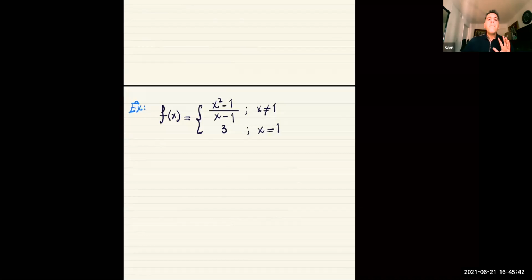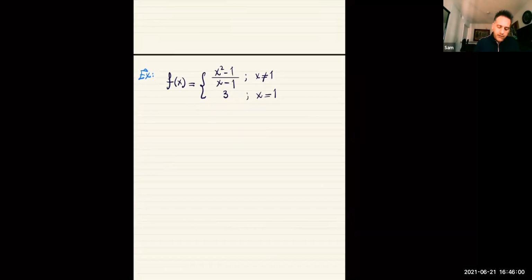Now before I proceed with graphing this function, let's simplify it. That top piece can be simplified because the top is factorable, and we can cancel out a like factor. So x squared minus 1 over x minus 1 can be written as follows: the top, x squared minus 1, is a difference of squares that factors to x plus 1 times x minus 1, and the bottom is just x minus 1.